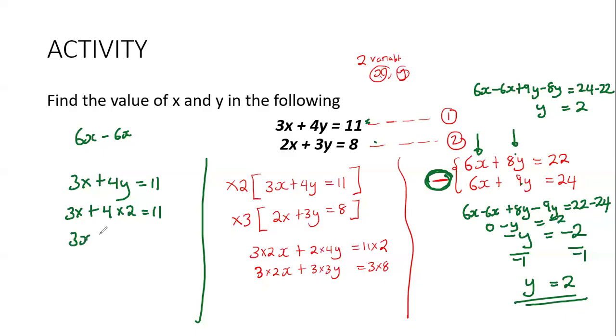So this will give us 3x plus 8 equals 11, which will be 3x plus 8 minus 8 equals 11 minus 8. So 3x will equal to 4, then divide by 3, divide by 3. So x will equal 4 out of 3. I don't know that that is very clear. Class, is that okay?